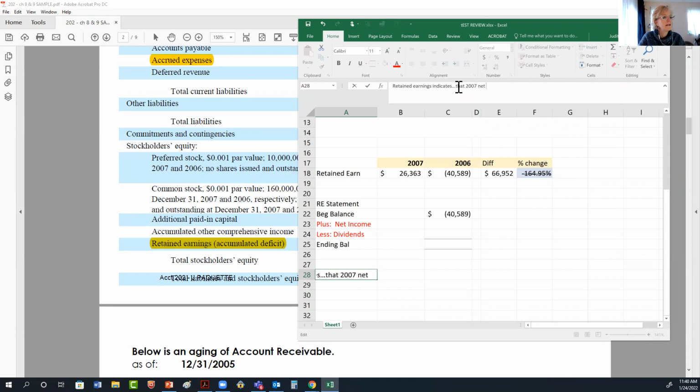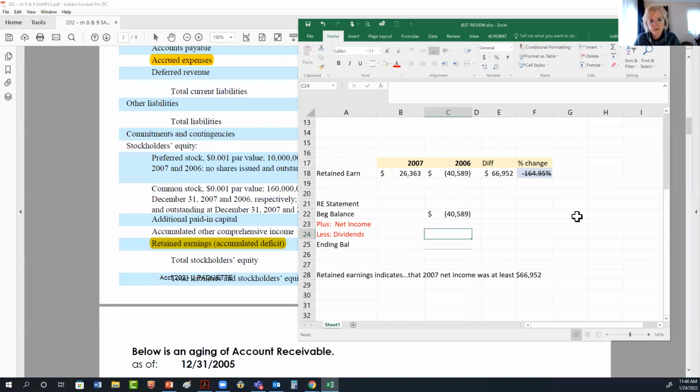2007 net income was what? What can you say about it? Was at least 66,952. Okay. Because if dividends were 0, then we'd know it was 66,952. But if they paid out dividends of 10,000, then net income would have had to be 76,952.